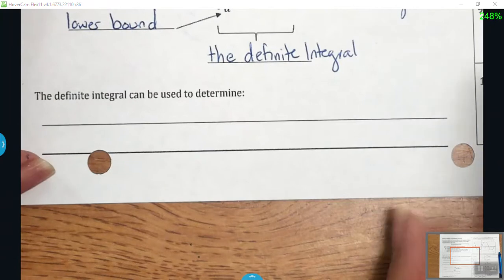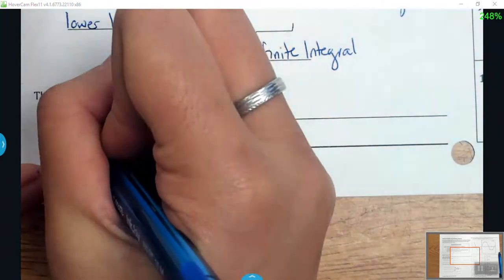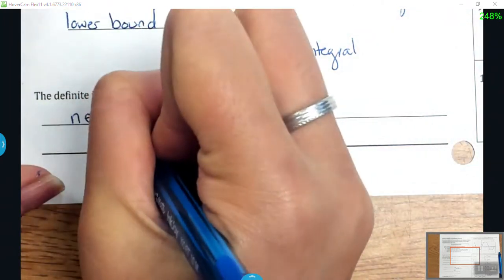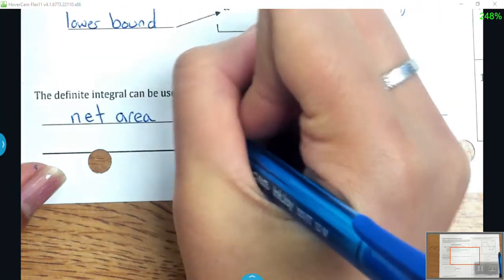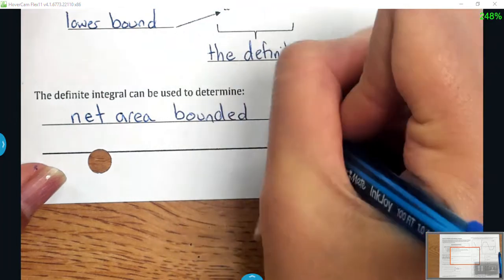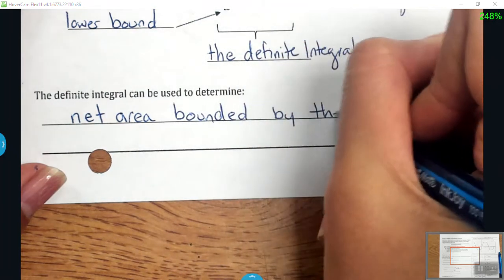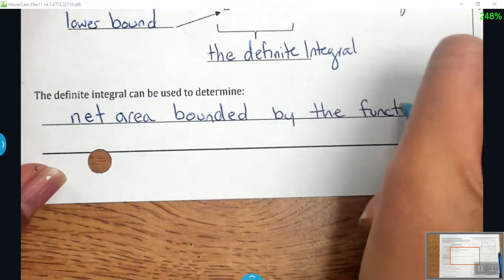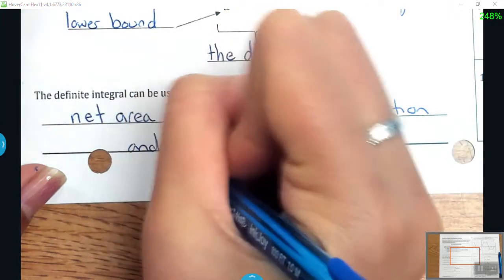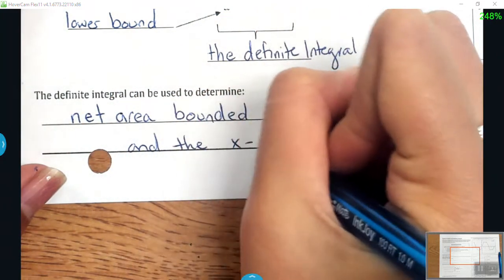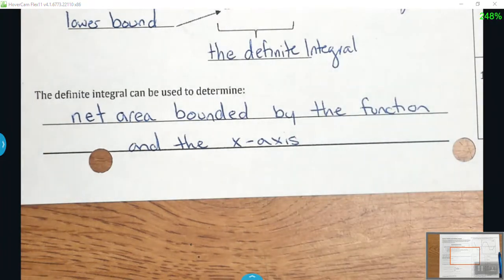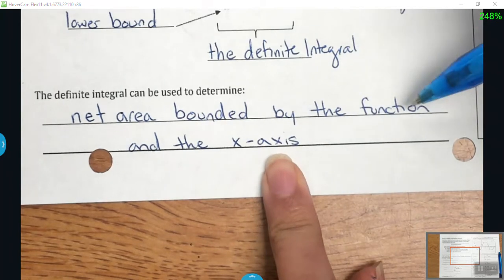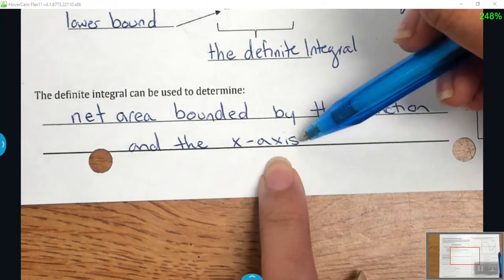So the definite integral can be used to determine net area bounded by the function and the x-axis. When we're talking about a definite integral, the top is the function and the bottom is the x-axis.